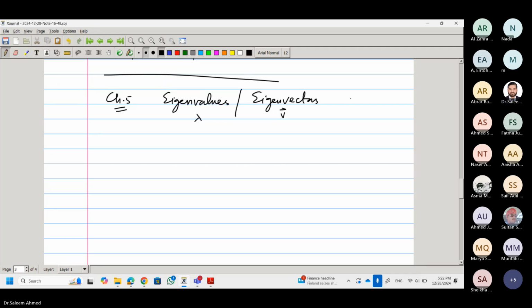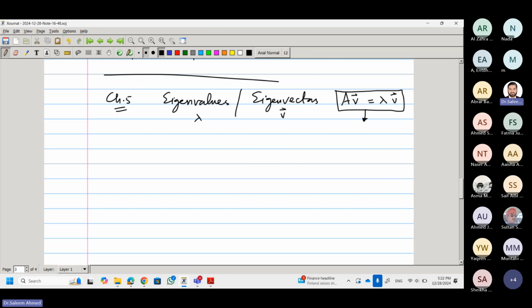So for any matrix A, if you multiply A with V and it gives you a number times V, then we call this lambda number an eigenvalue and this vector V is the corresponding eigenvector. So this is a relationship that we are looking for.